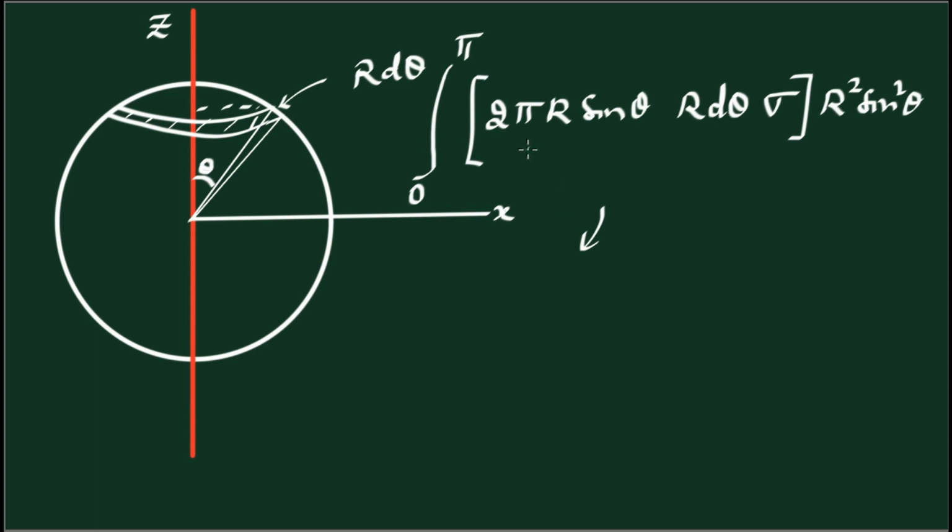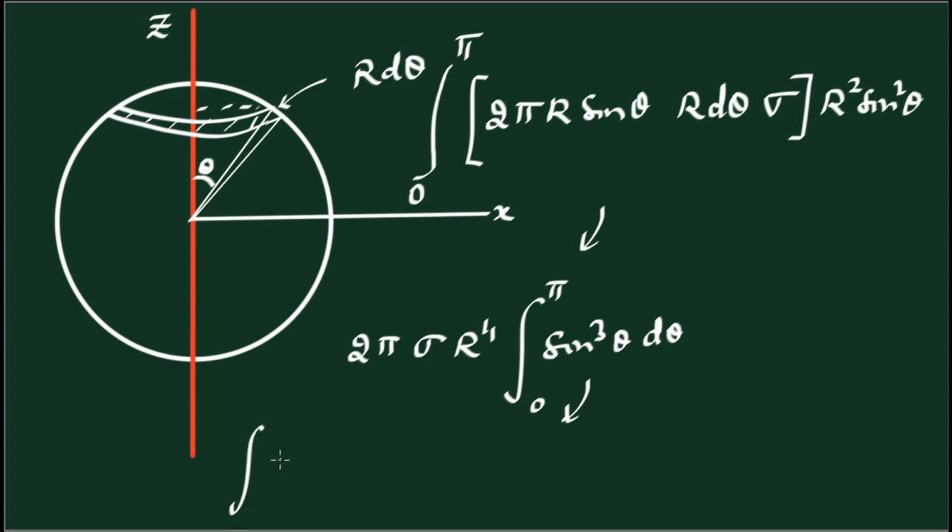Let's see what all come outside. 2 pi sigma r squared, r to the power of 4 come outside, and then inside you have sine cube theta d theta from 0 to pi. Sine cube theta d theta can be written as sine theta d theta times sine squared theta, which is 1 minus cos squared theta.